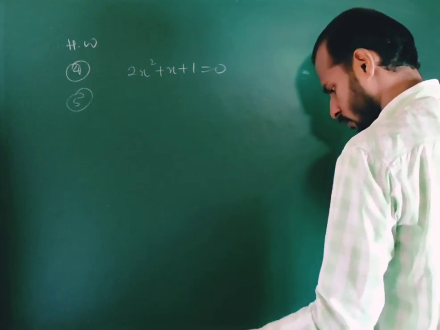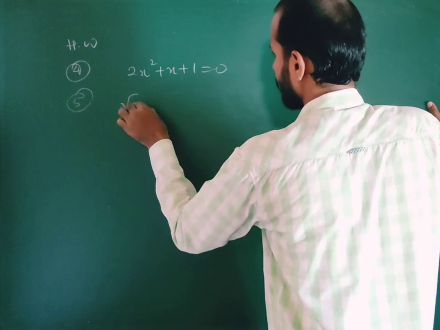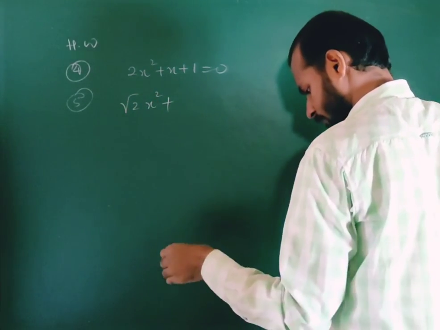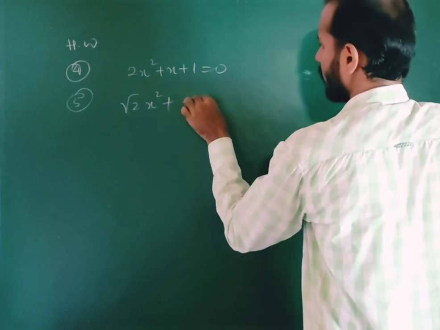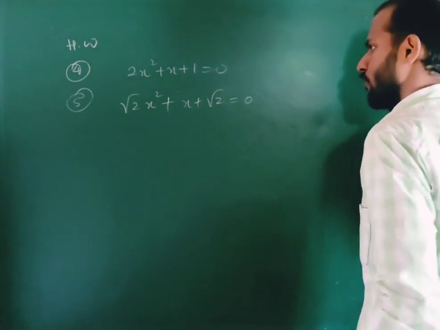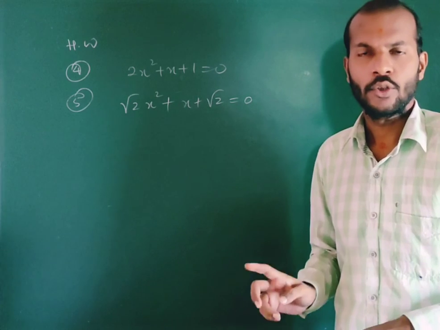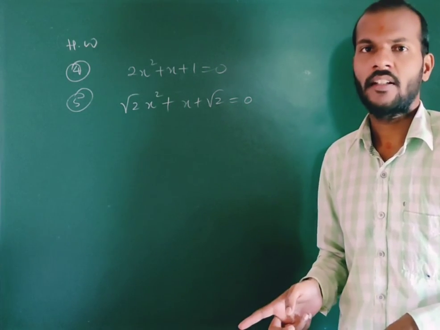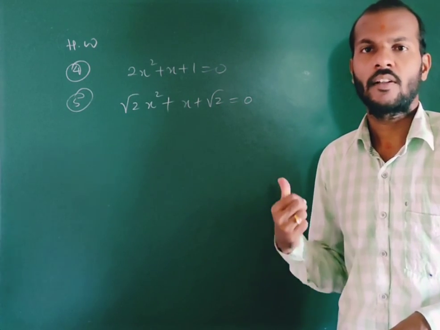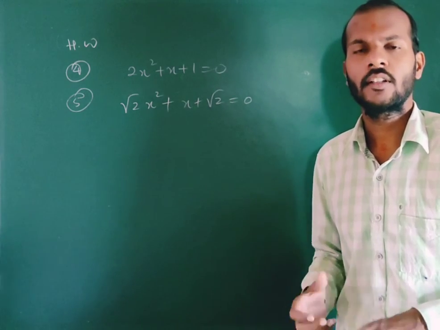And one more is root 2x square plus x plus root 2 equals to 0. Solve these 2 examples at home using the root formula, that is x equals to minus b plus or minus under root of b square minus 4ac upon 2a.